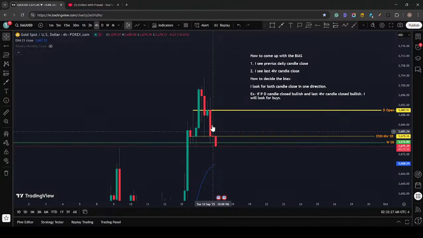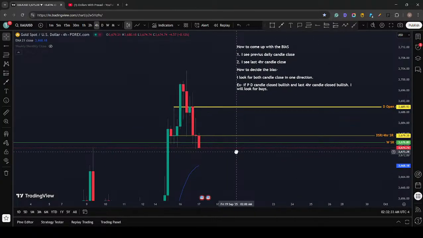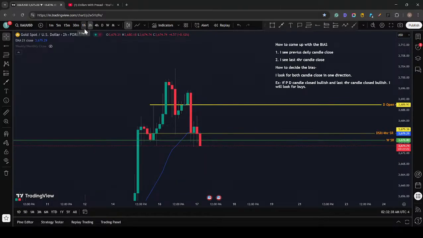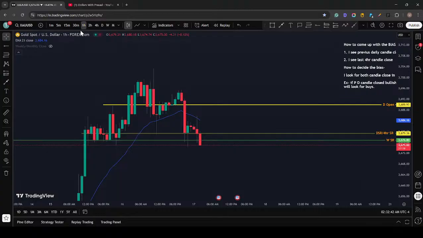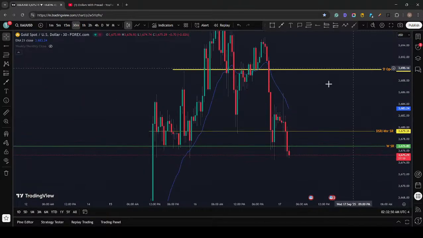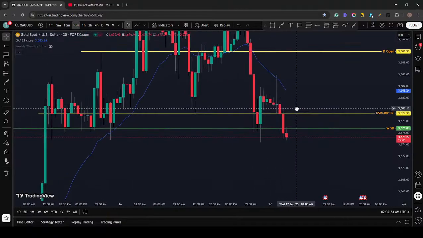The previous 4 hour candle was a small body candle. It can push down, but right now I don't have any setup, because see, one, two, three, four, five candles directly pushed down.